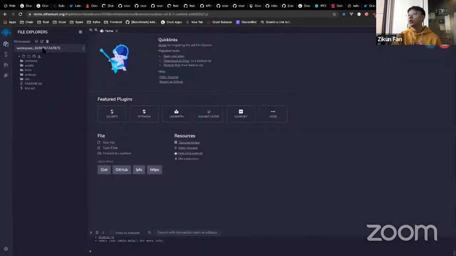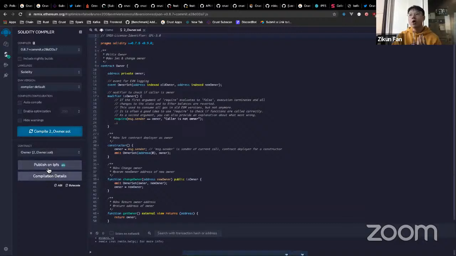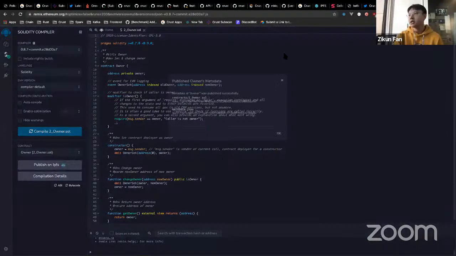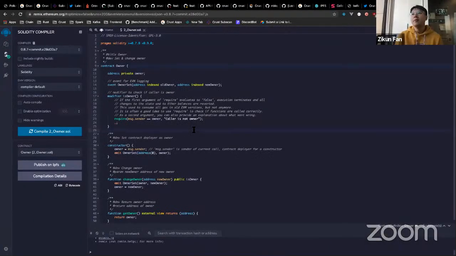And once your Solidity is compiled, it also provides a function called publish on IPFS. This backend service is also provided by Crust Network. So we provide Remix with the IPFS pinning service and also the IPFS gateway for the smart contract online IDE. That case is called Remix.